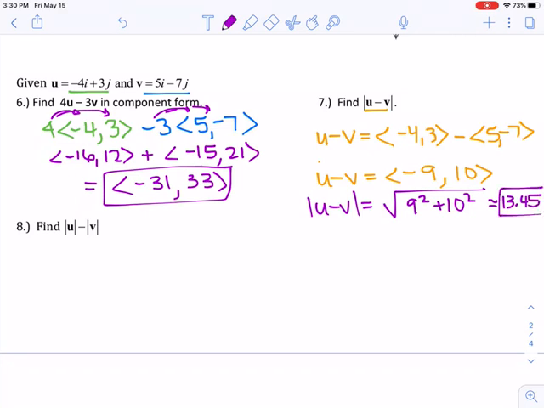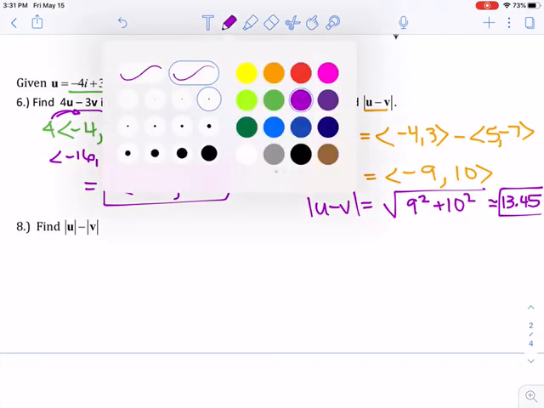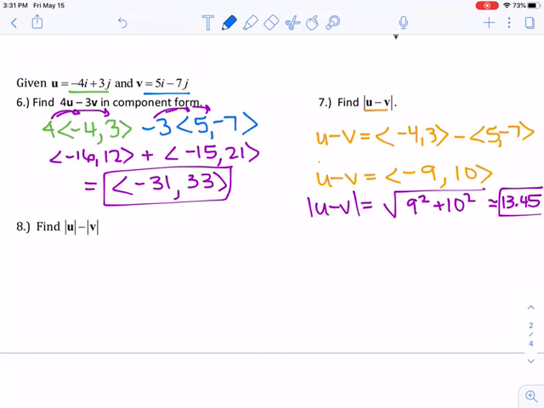For number 8, it's a little bit different. We want to find the two magnitudes and subtract them from each other. So let's find the magnitude of vector u, which is going to be the square root of negative 4 squared plus 3 squared. That's going to give us the square root of 25, which is 5.